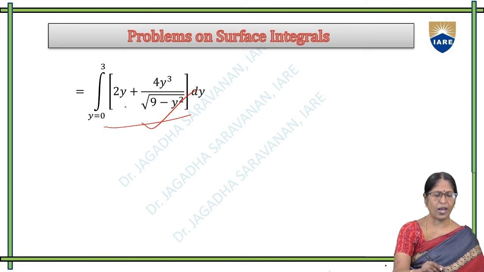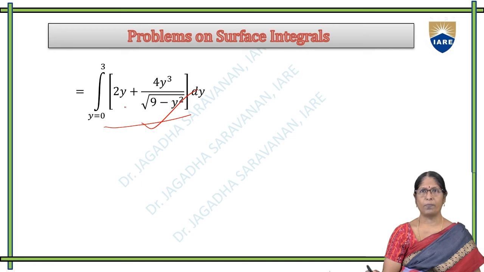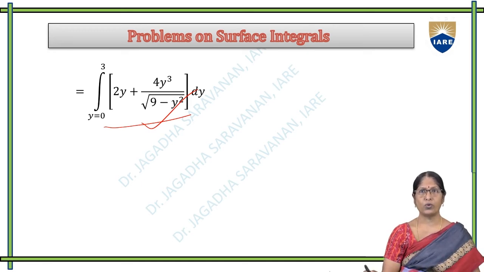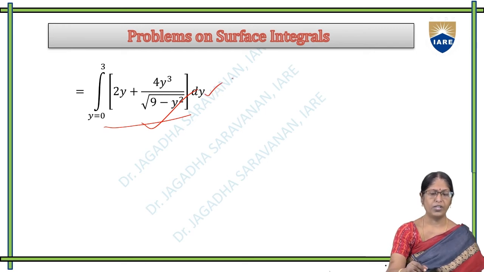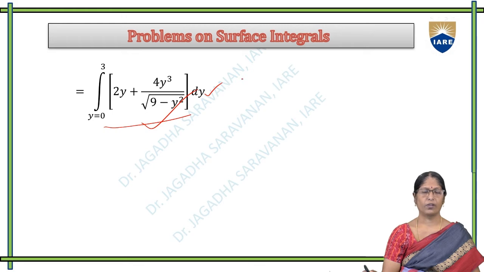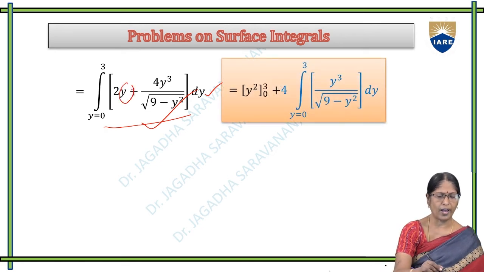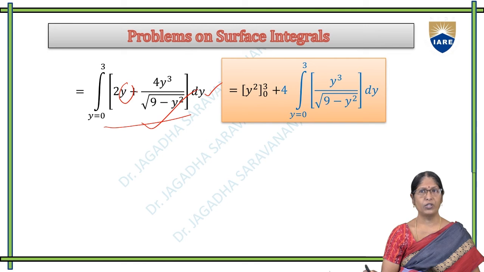Now we obtained the integral of 2y plus 4y cube divided by square root of 9 minus y square, dy. The outermost one is from y equal to 0 to 3. This y we will integrate, that is y square by 2.